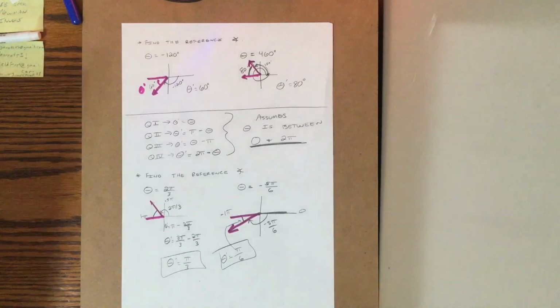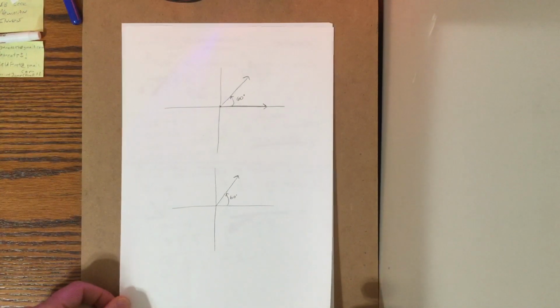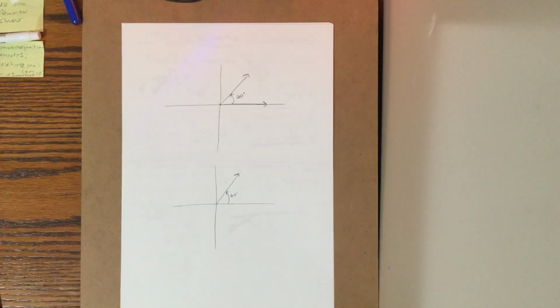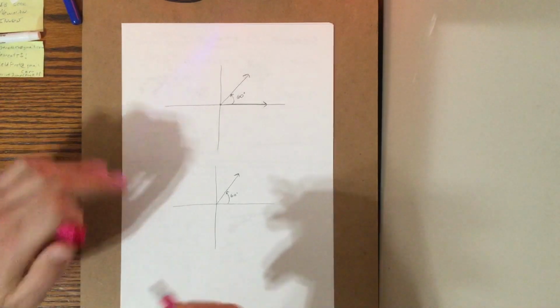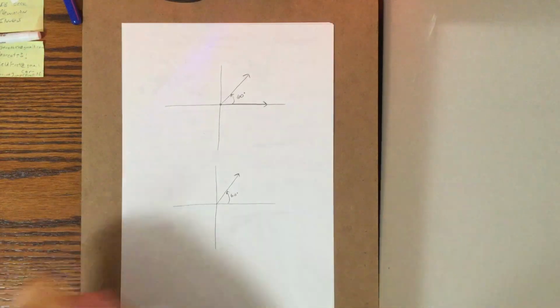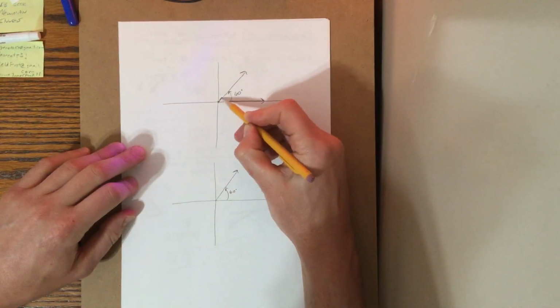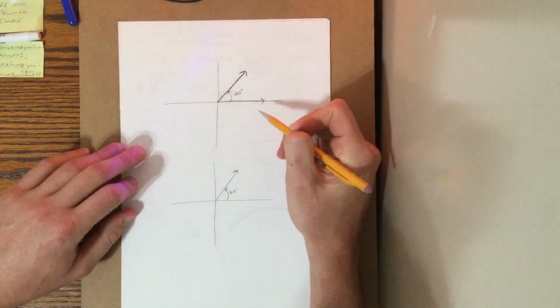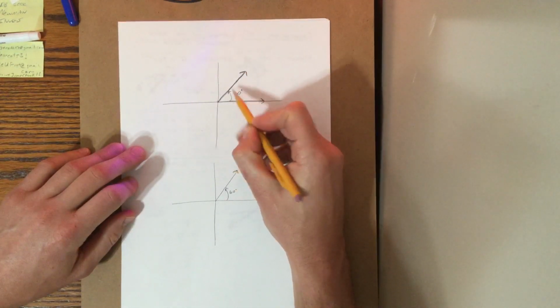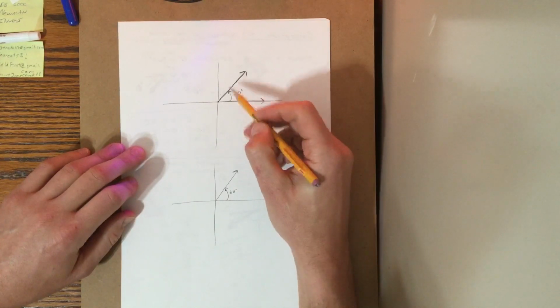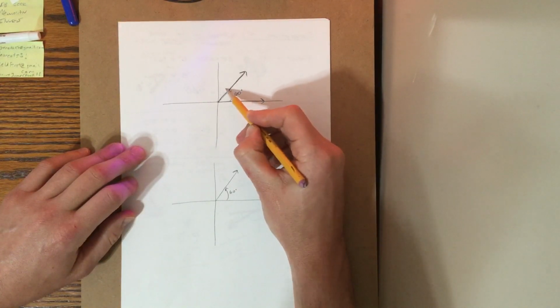Okay. Last component that we're going to address for today is the concept of coterminal angles. We've actually already dealt with these a little bit before, but let's just hypothetically say that we have a 60-degree angle. Well, this is considered to be the terminal side, as we know. However, let's say I got to 60 degrees, but then for whatever reason I wanted to go around again. Well, you can do that.